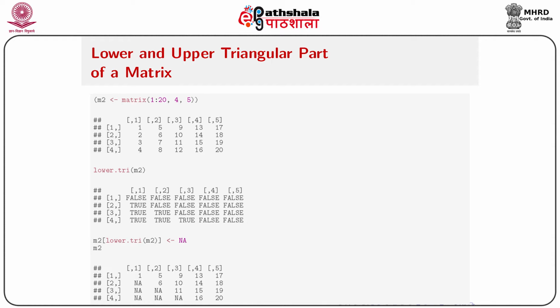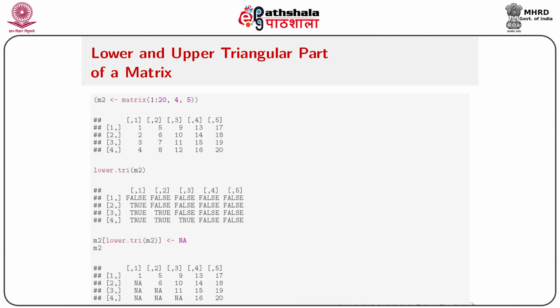Next we'll see how to get the lower and upper triangular part of a matrix in R. Suppose M2 is a matrix of 4 by 5 order, and if you pass that M2 matrix to the function lower dot tri, it will give you a binary matrix with true and false. Wherever true, you can easily convert to 1, and wherever false, to 0.